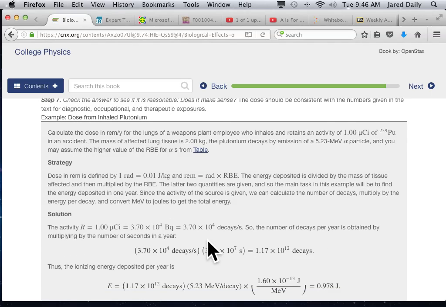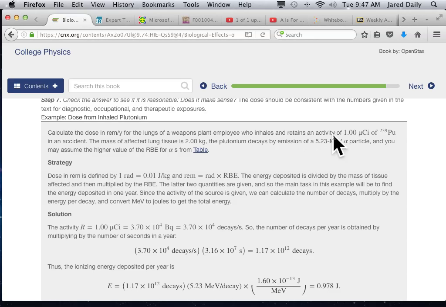So, let's calculate a dose. We're going to calculate the dose in rems per year, it looks like, for the lungs of a weapons plant employee who inhales and retains an activity of 1.0 microcuries of plutonium-239 in an accident, and there's 2 kilograms of lung tissue affected, and it decays as an alpha particle at 5.23 mega electron volts.